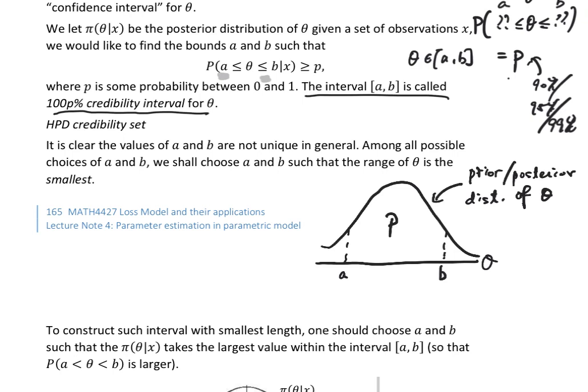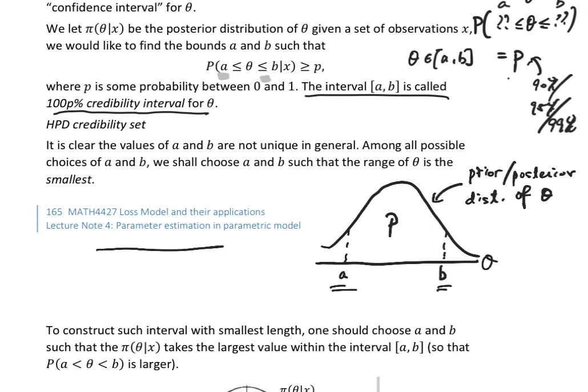Just like the case for the confidence interval, there's no unique answer about the choice of A and B, because A and B just need to be chosen such that the area in the middle is equal to P. Of course, depending on the style that you prefer, you can end up with different intervals.